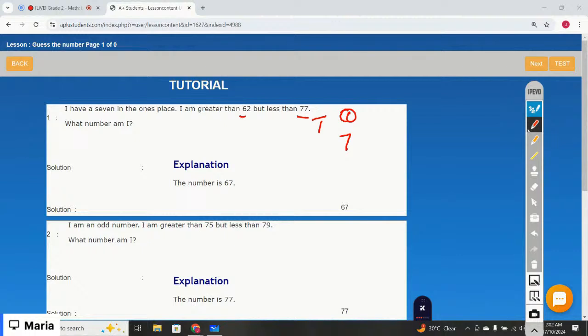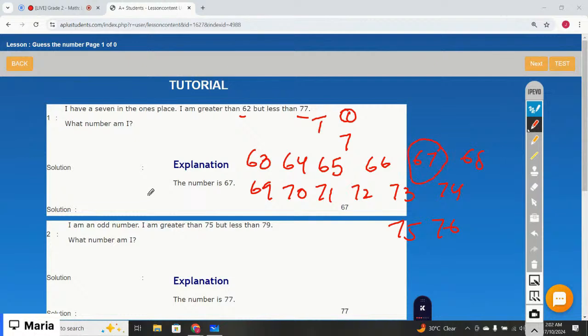So the numbers that are greater than 62 and less than 77 are 63, 64. These are the numbers that are between 62 and 77, right? The only number that has 7 at the ones place is 67. So that means the number is 67, right? You need to guess the number.